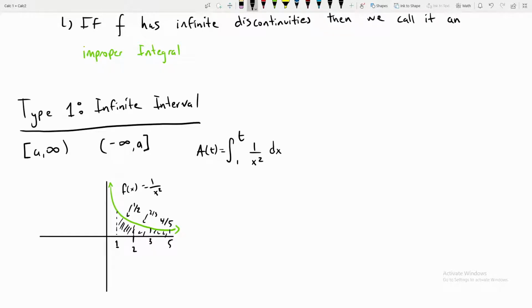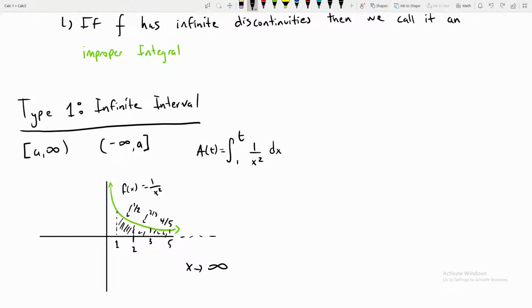But what if t were to continue to get larger and larger? We can compute these values, but essentially, what happens as x approaches infinity? What happens as we go further and further on this x-axis? That's what we're curious about with these improper integrals.